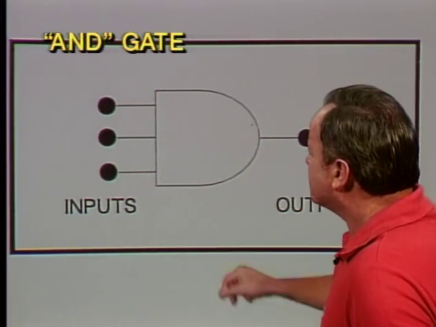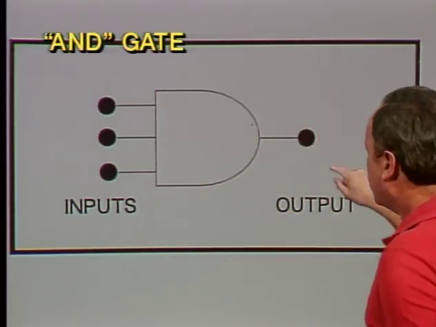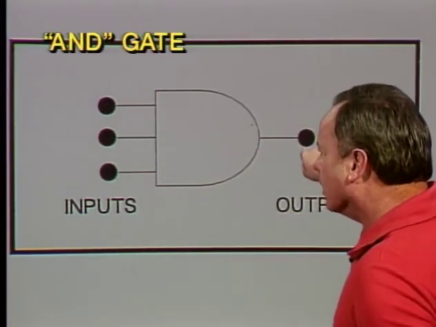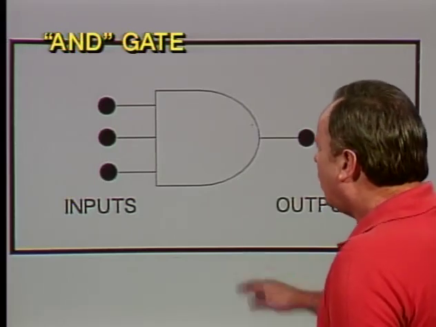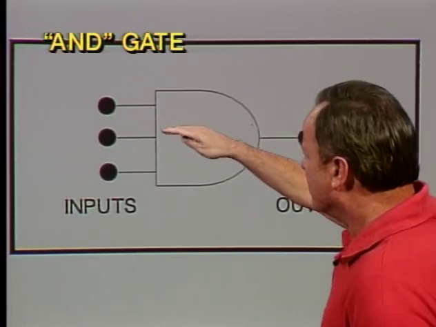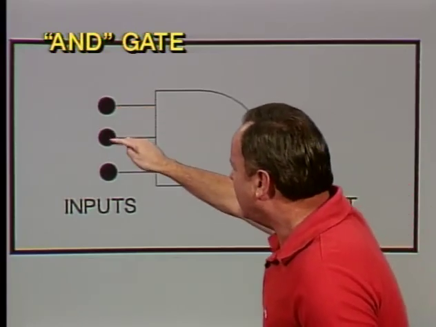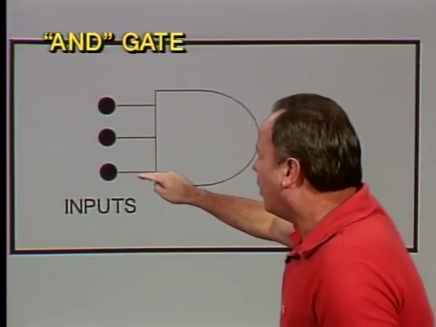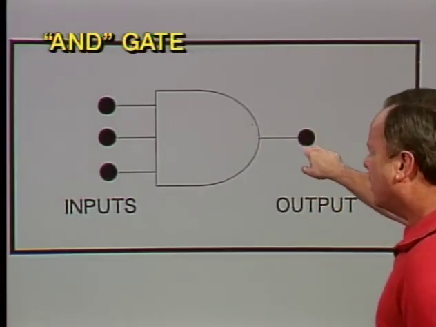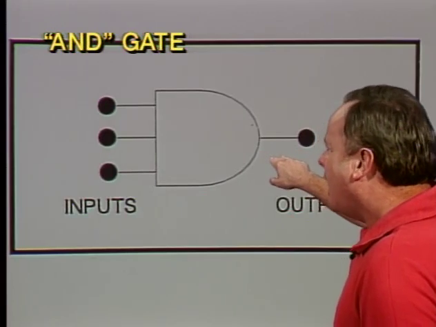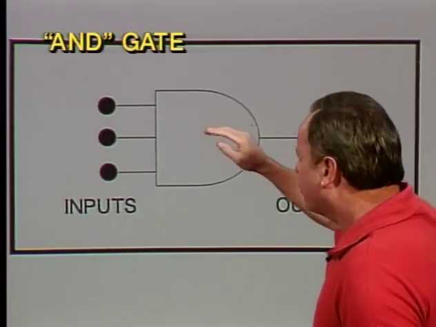Because what happens is, in order for there to be an output charge out here on an AND gate, in this particular case, what you have to have is all three of these be true. There must be a charge here, and here, and here. And if all three of those are true in this particular case, then you would have an output here, and that is what is known as an AND gate. So all three of them have to be true.